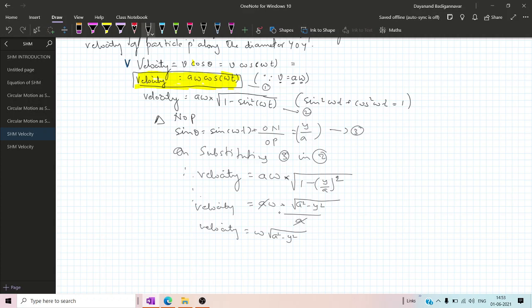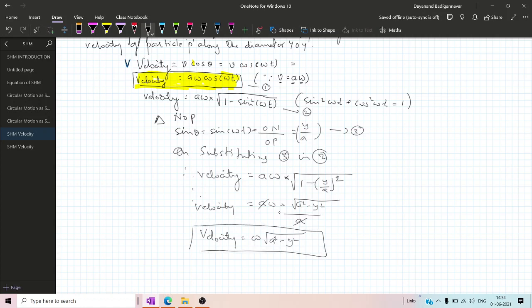I rewrite it here: velocity is equal to omega into root of a square minus y square. So this is the other form of the velocity. You can also write it like this.